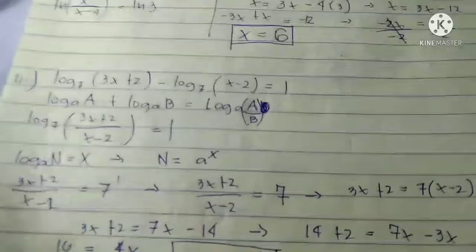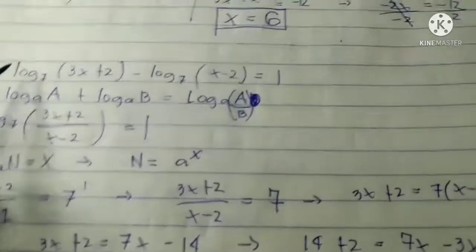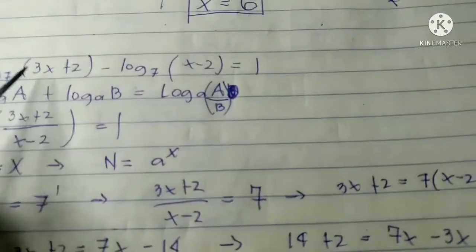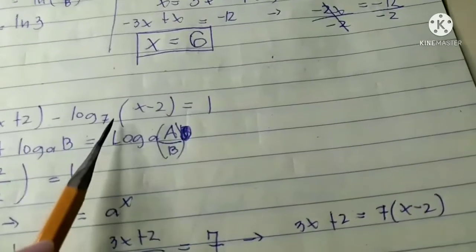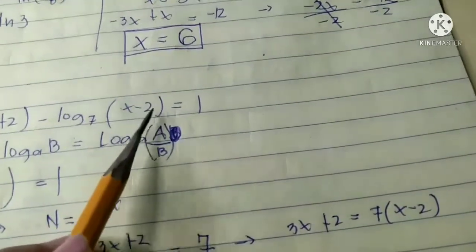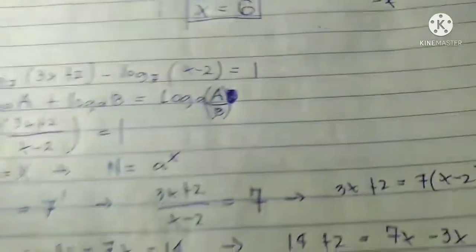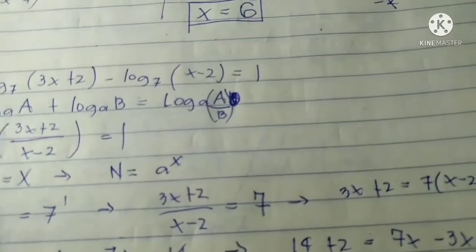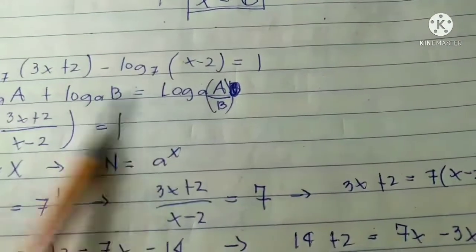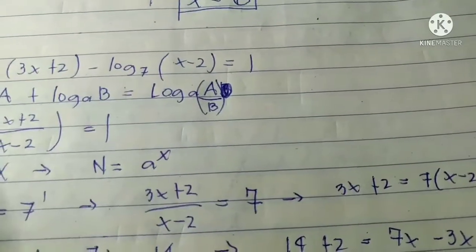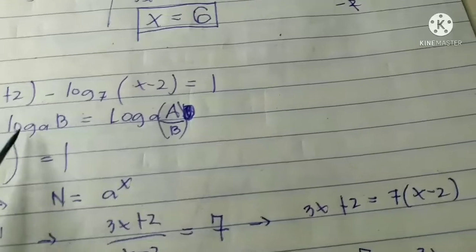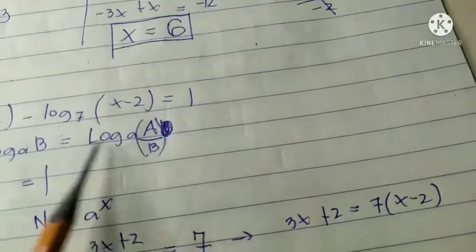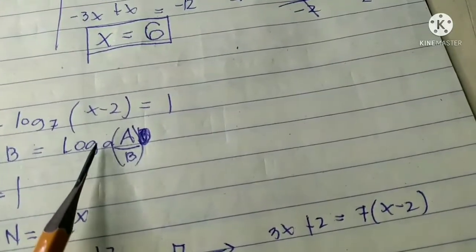Now for number 11, we have here log base 7 of quantity 3x plus 2 minus log base 7 of quantity x minus 2 equals 1. Then to solve this, we use this equation: log base a of a minus log base a of b is equal to log base a of a over b.